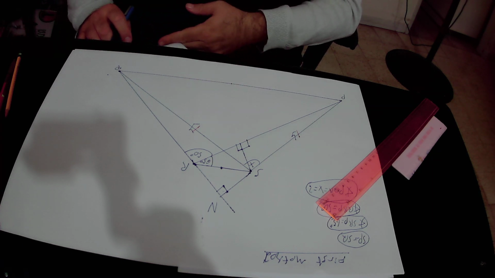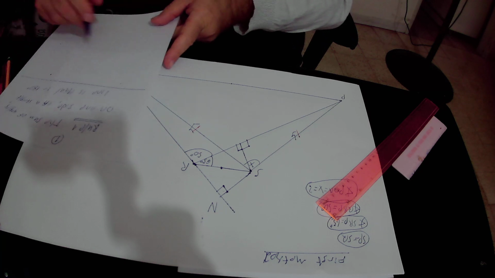So, as I've already said, QN is a straight line.